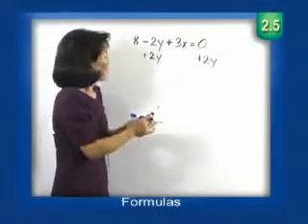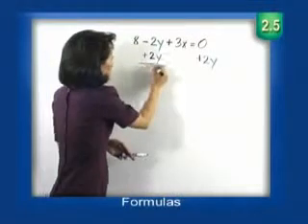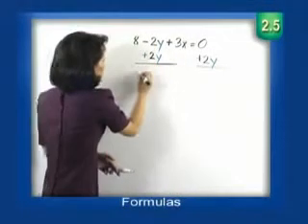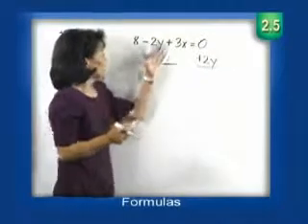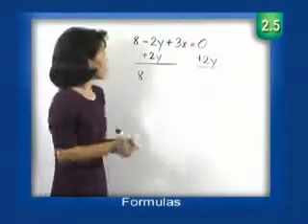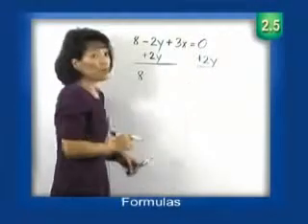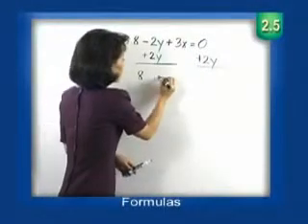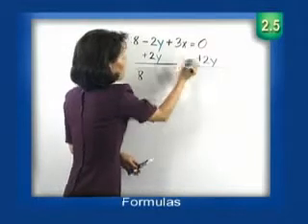Now when I do, on the left-hand side of my equation, what I get is 8, negative 2y, positive 2y. That gives me my 0. Bring down the plus 3x. Bring down the equal sign.